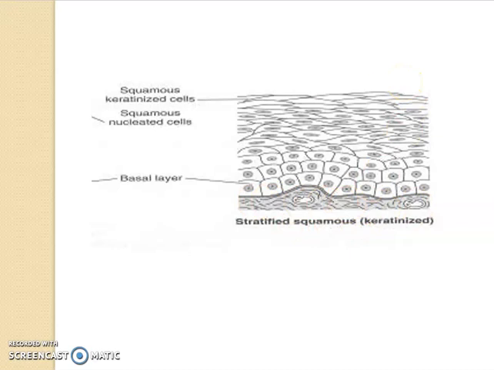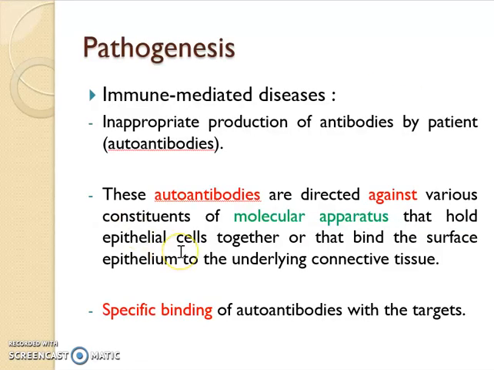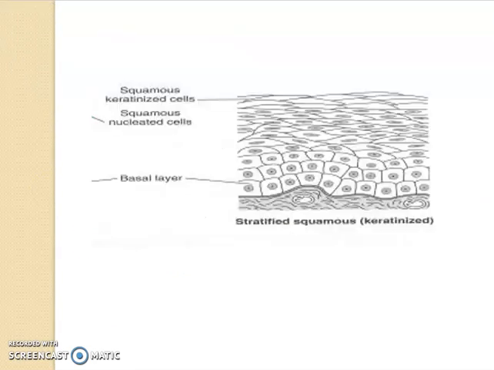So these autoantibodies, they will attack. What they attack depends on the disease, so the location will differ. For example, if they attack the lower part of the epithelium, this region will disintegrate or lyse.